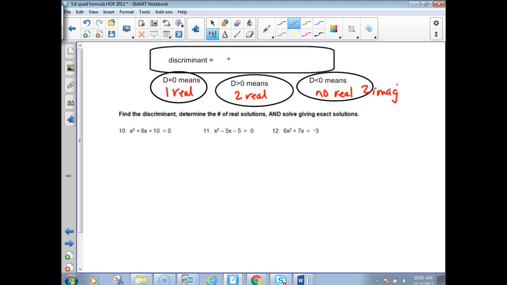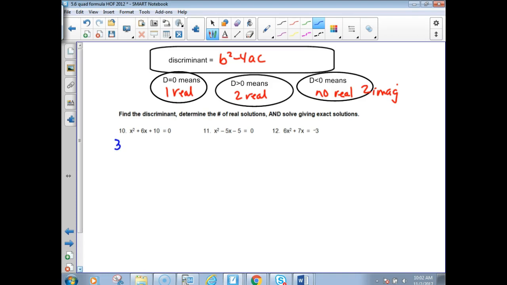And the discriminant is b squared minus 4 times a times c. Why don't you try these 3? And then we'll check them. I want to make sure you understand the entire problem.